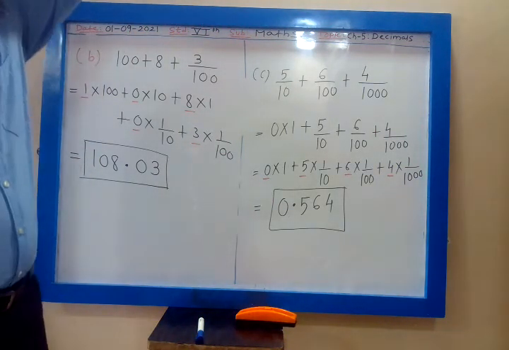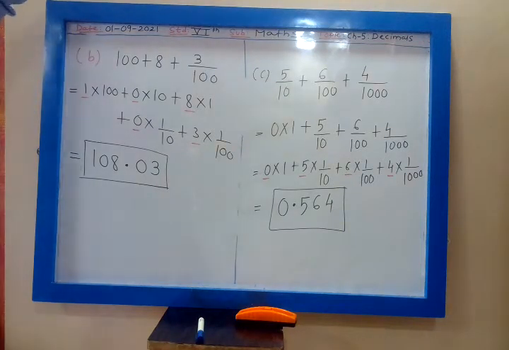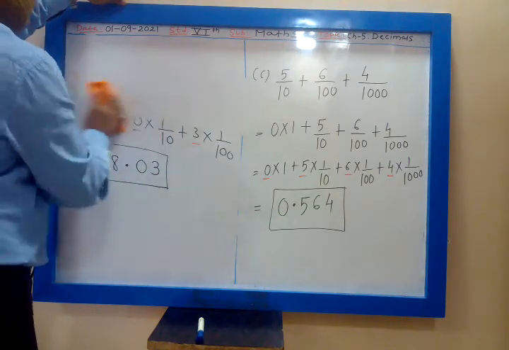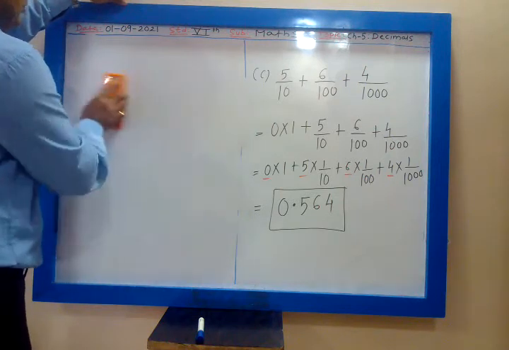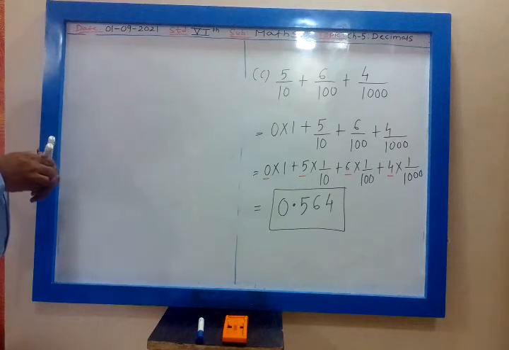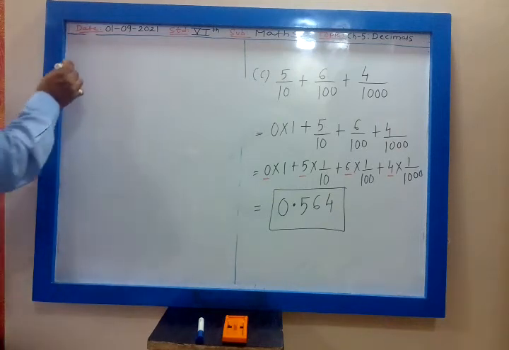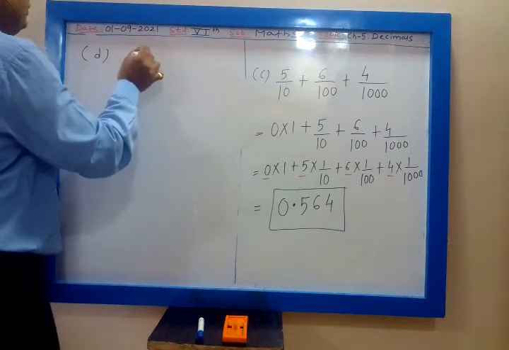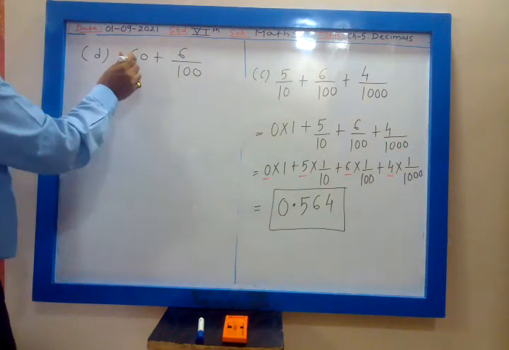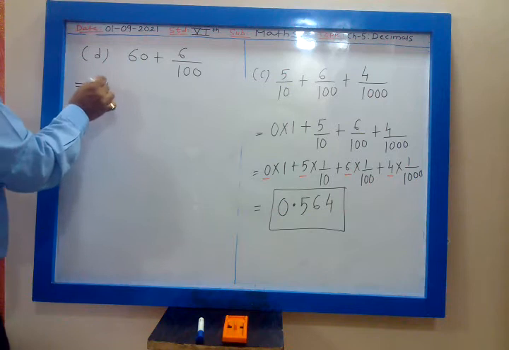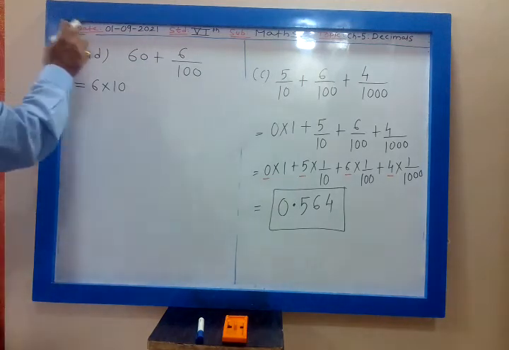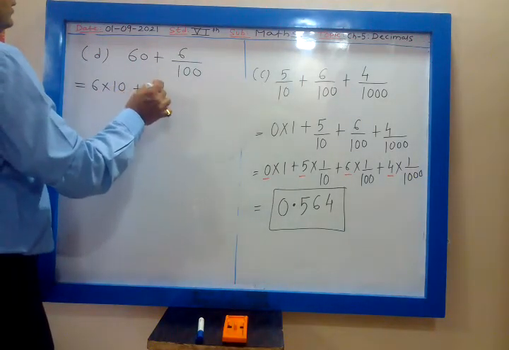Now D: 60 plus 6 upon 100. Should I give D as homework? Okay, D is 60 plus 6 upon 100. Now 60 is at the tens position, so I can write 60 as 6 into 10. Then after the tens position we have ones, but ones is missed, so I write 0 into 1.